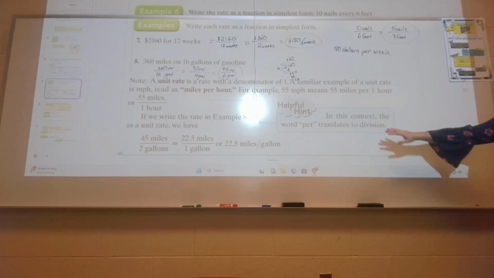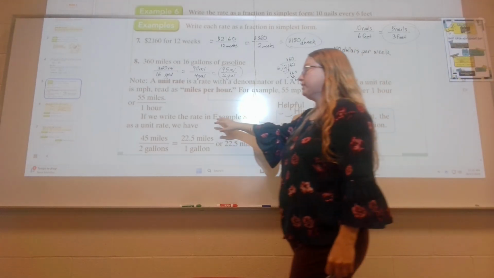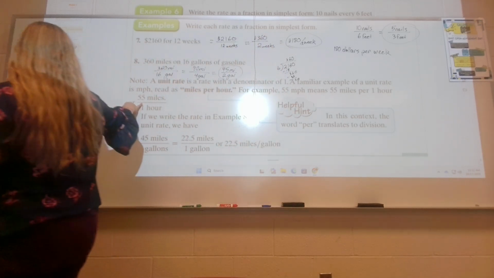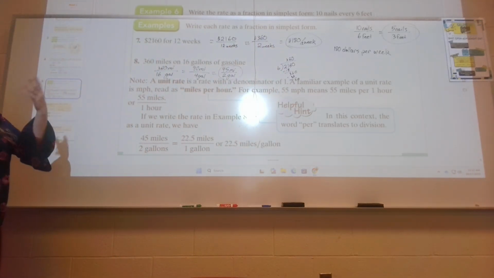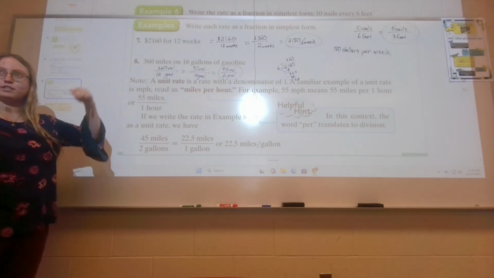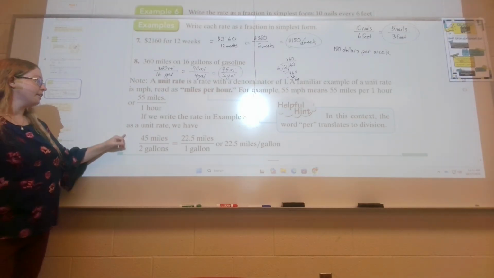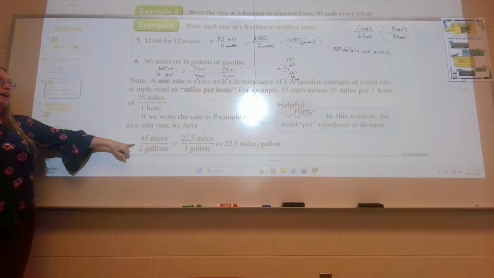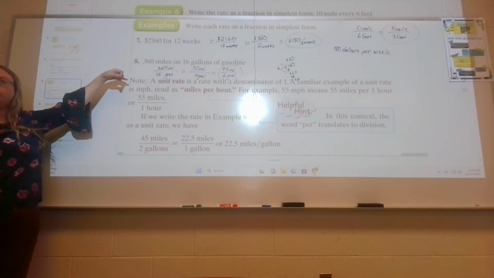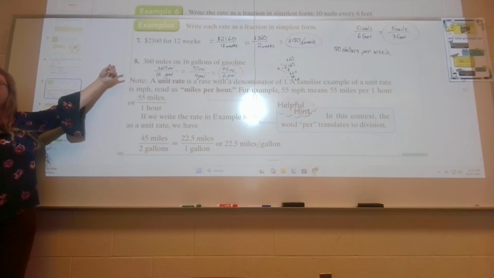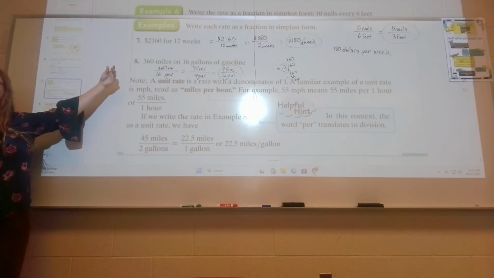So this uses the miles per gallon example. So if I said, oh, look at that, I even used the number they had on the board. I thought when I said 55 earlier that I was just pulling a random number out because I was like the speed limit on what, Route 10 over here. So then our 45 miles for every 2 gallons that we got in example 8. Now, 45 miles per 2 gallons, that's not really a unit rate because it's still not for each gallon, right?